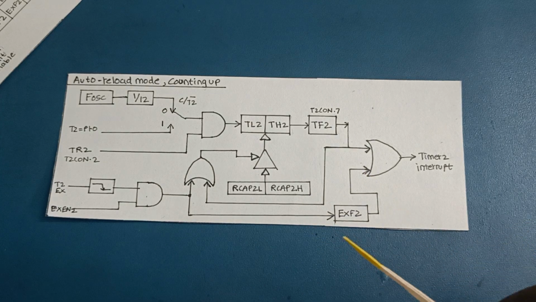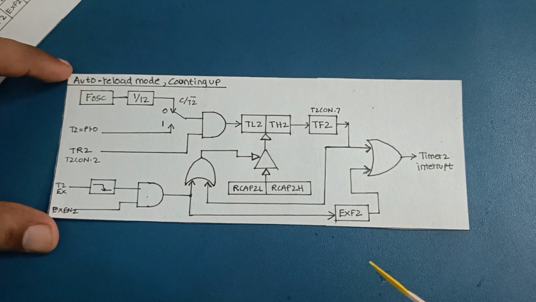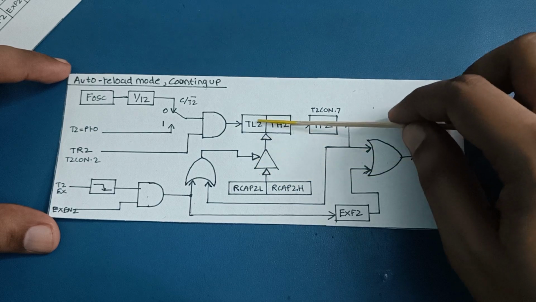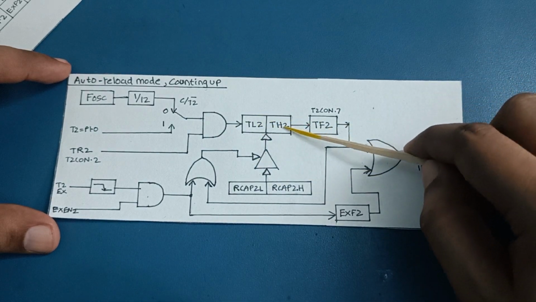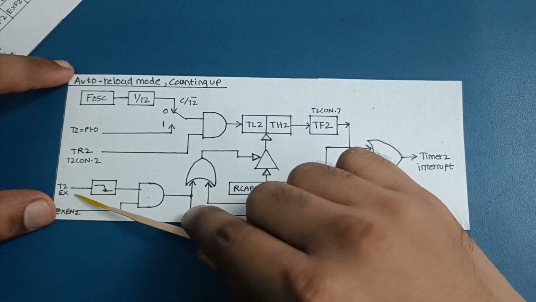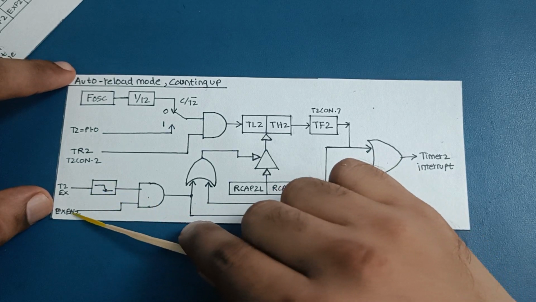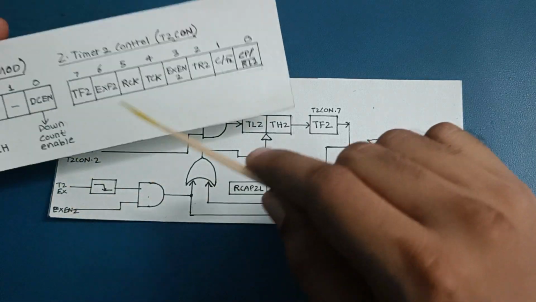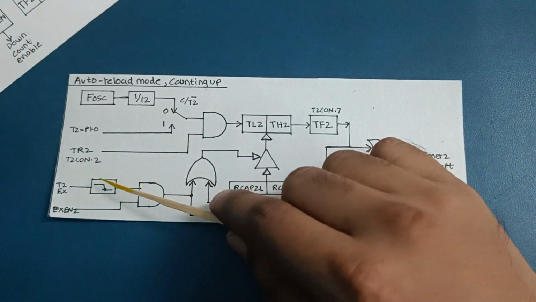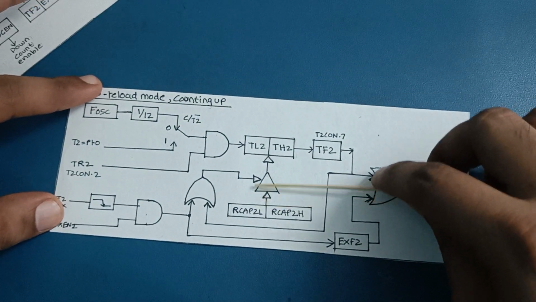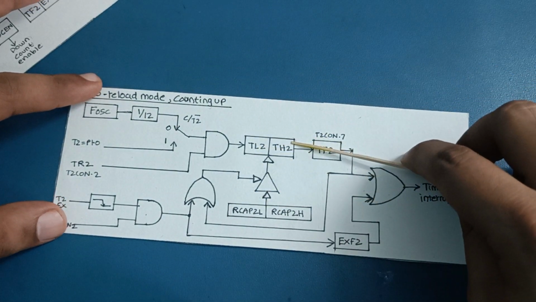So this is the logic diagram for timer 2 in auto reload mode. The values of RCAP2L and RCAP2H will be reloaded to TL2 and TH2 when we give a falling edge on T2EX pin, which is pin 1.1. So if the EXEN2 bit is enabled in the T2CON, then if we give a falling edge, RCAP2L and RCAP2H will be reloaded to TL2 and TH2.